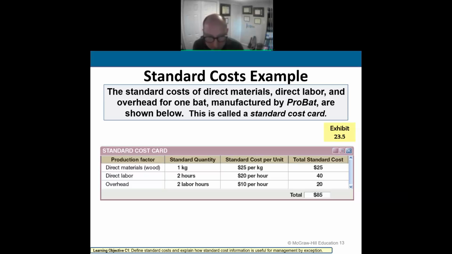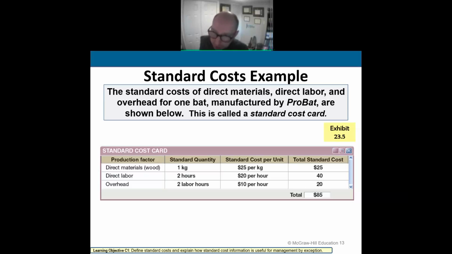That gets me a standard cost for materials. For labor, it's the labor hours times the dollar per hour. That gets me a standard labor cost. And overhead, labor hours times dollar per hour for overhead. That gets me a standard cost for overhead. So my total standard cost for each baseball bat in this example is $85: $25 from materials, $40 from labor, $20 from factory overhead.